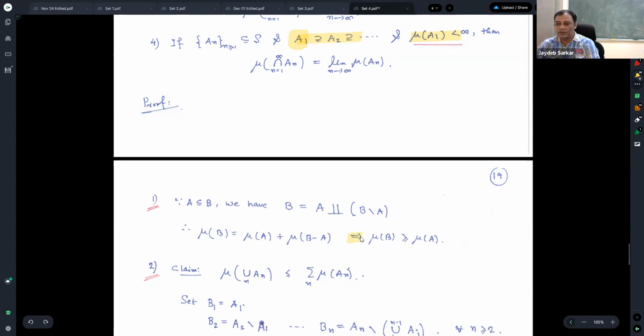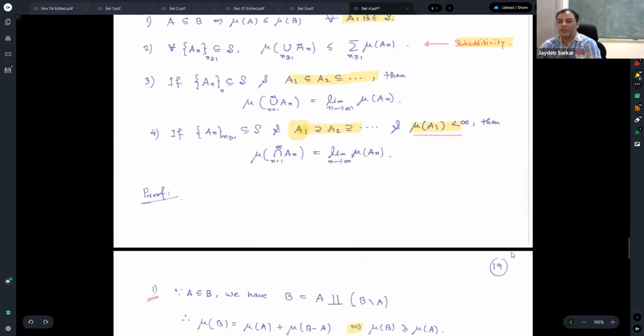This is trivial, right? Oh yeah, you know why I was confused a little bit? Because of the infinity. When you say infinity, you have to think about it. There's a possibility that mu A or mu of B minus A could be infinity, so you have to be careful.